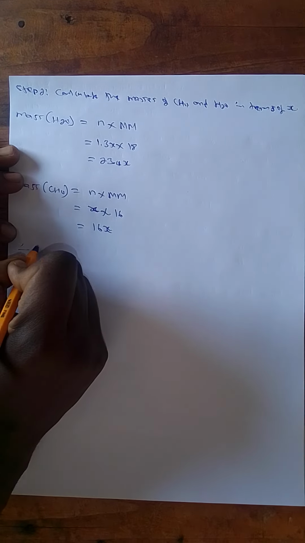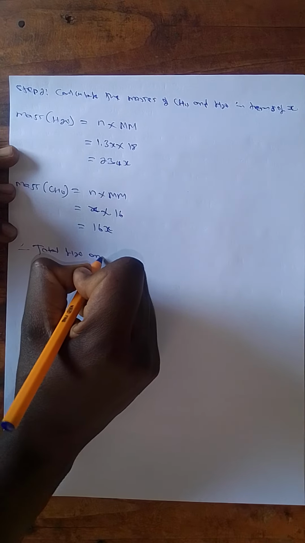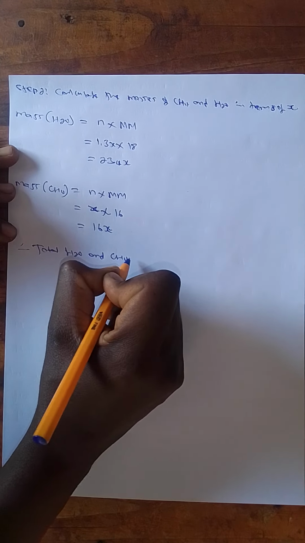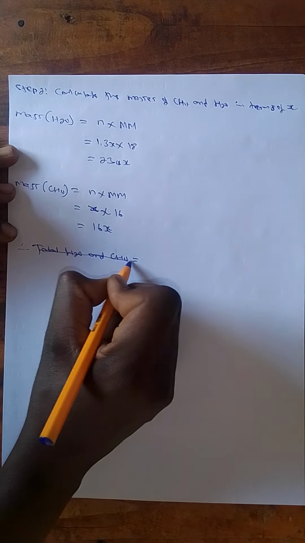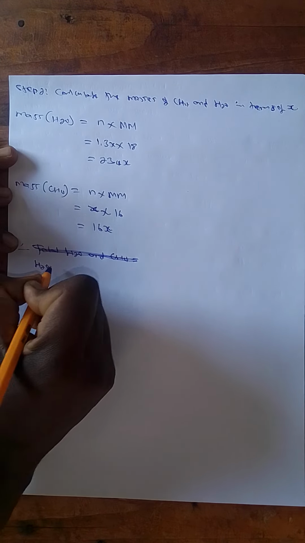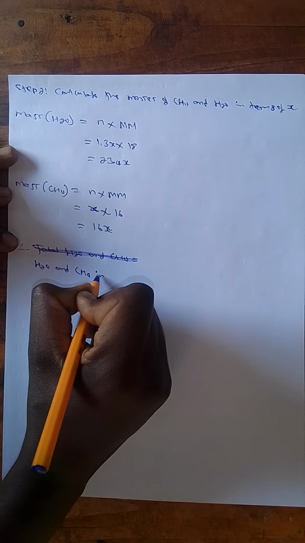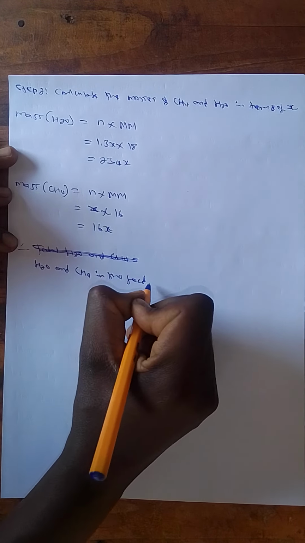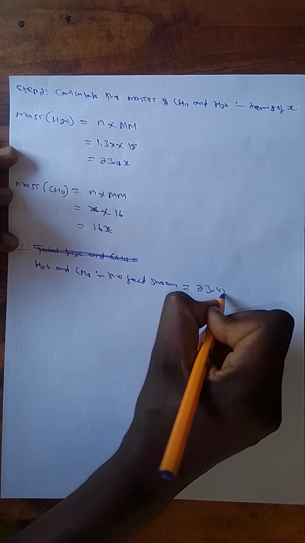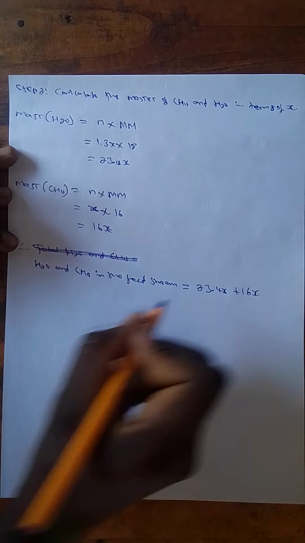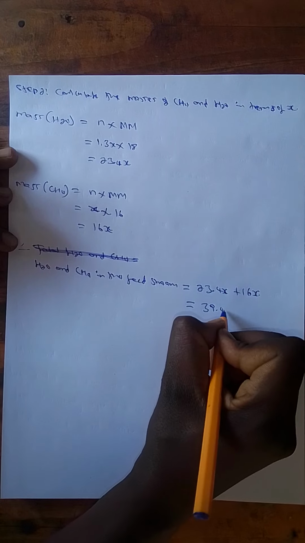So, therefore, the H2O and methane in the feed stream is equal to 23.4x plus 16x, and if you use your calculator, that gives you 39.4x.